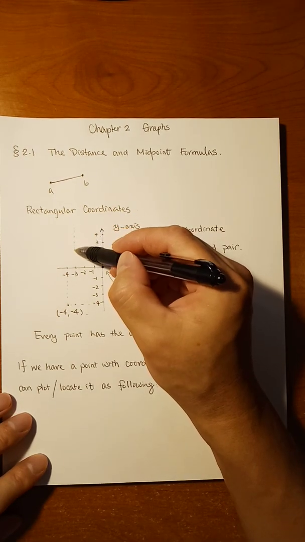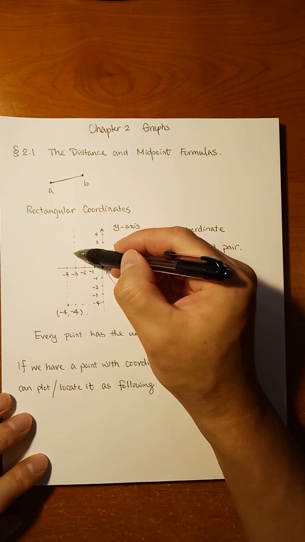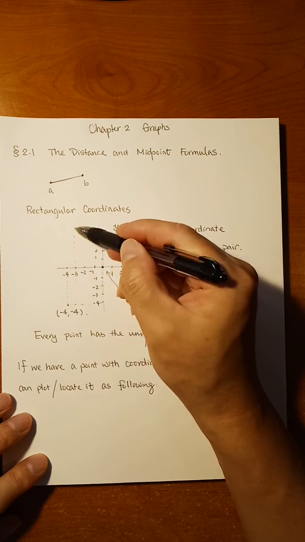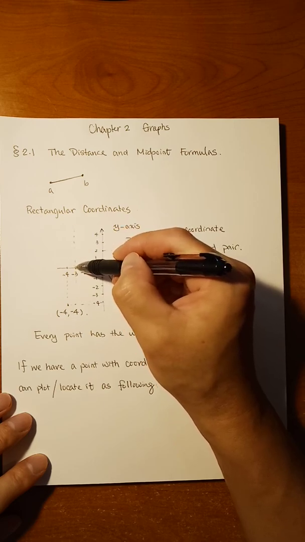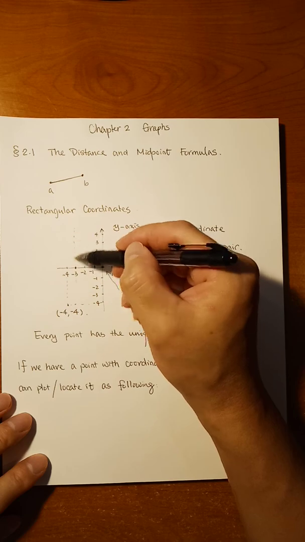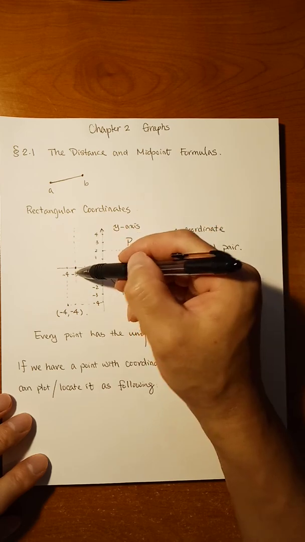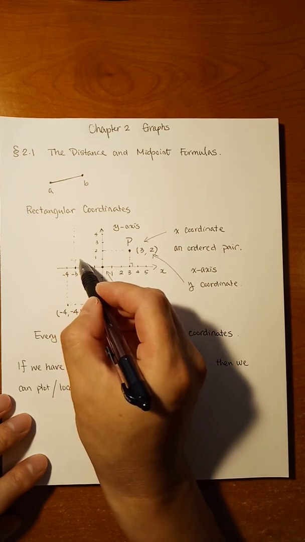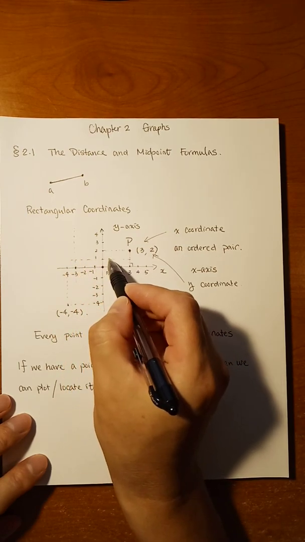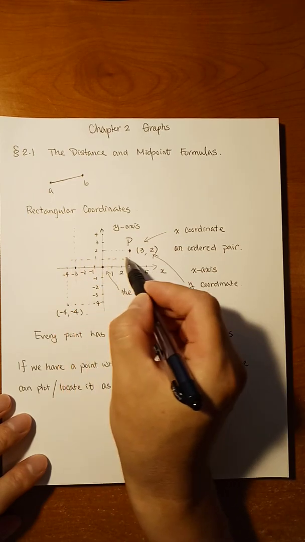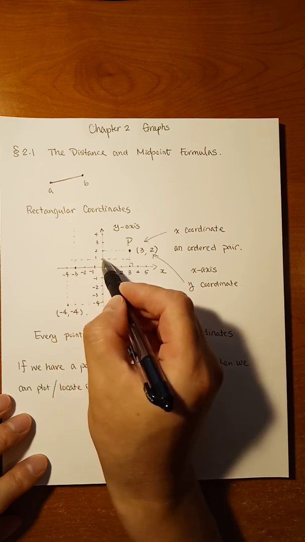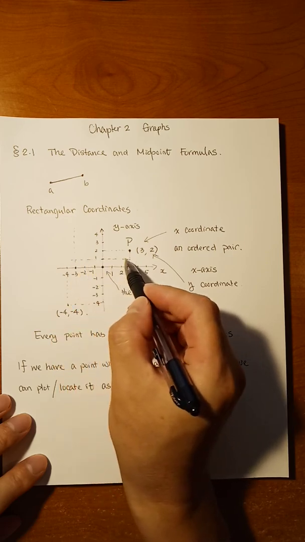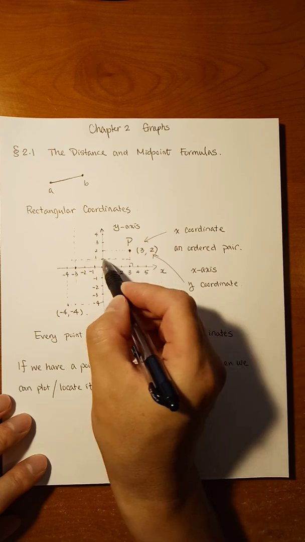Only the points on this vertical line will have x coordinate -3, because if you project it to the x-axis, it's -3. And then y equal to 1: you project to the y-axis and get the number 1, so this point should be on this horizontal line.